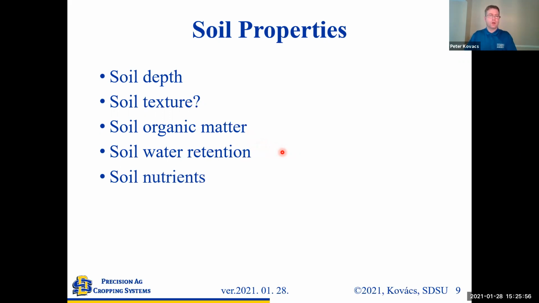And the next question: how could these different organic matter contents and water retention influence soil nutrient levels and soil nutrient movements? Certainly, if we have organic matter differences, we could expect a different rate of mineralization and nutrient release from those areas of the field.